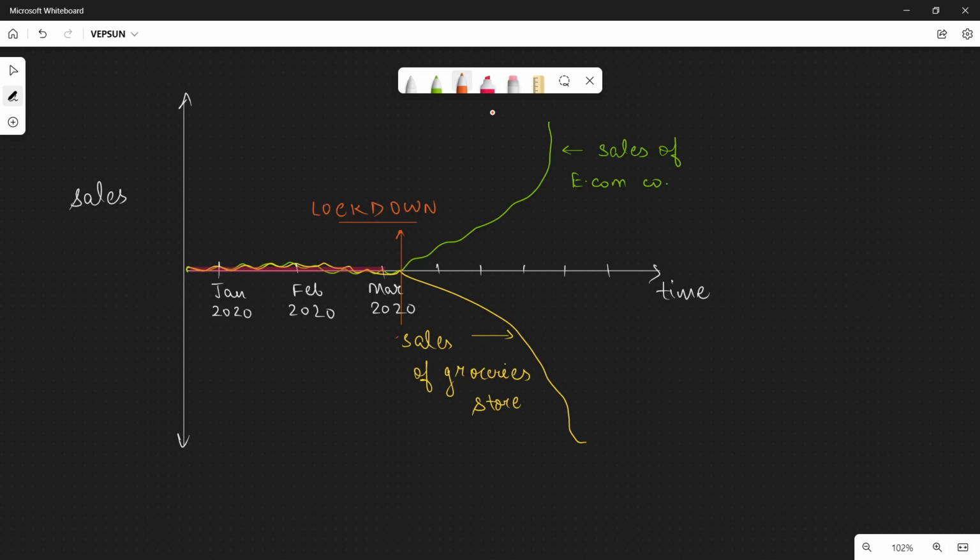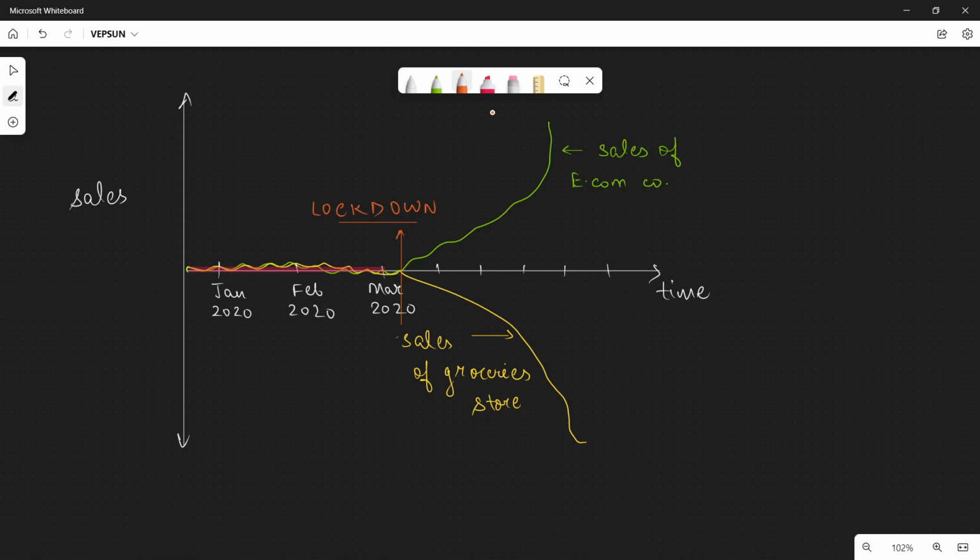So that is why in mid of March you will realize that there was this abrupt change because of the nationwide lockdown. The sales of grocery stores started decreasing and they started decaying exponentially. Whereas the other alternative available for us, the substitute, was only the e-com companies like Amazon, Flipkart, Big Basket and all.